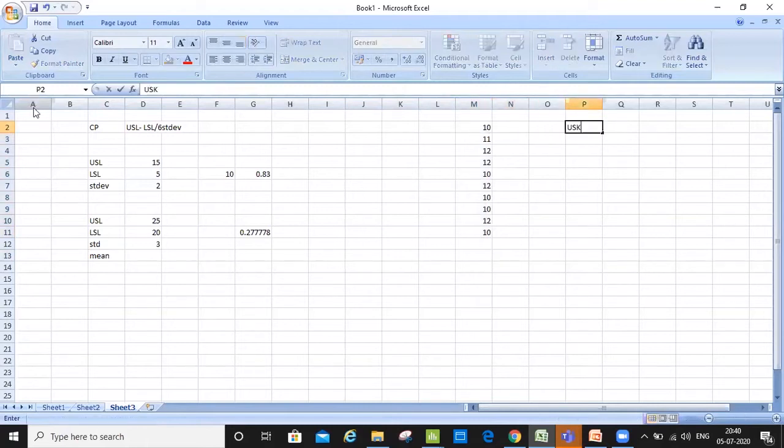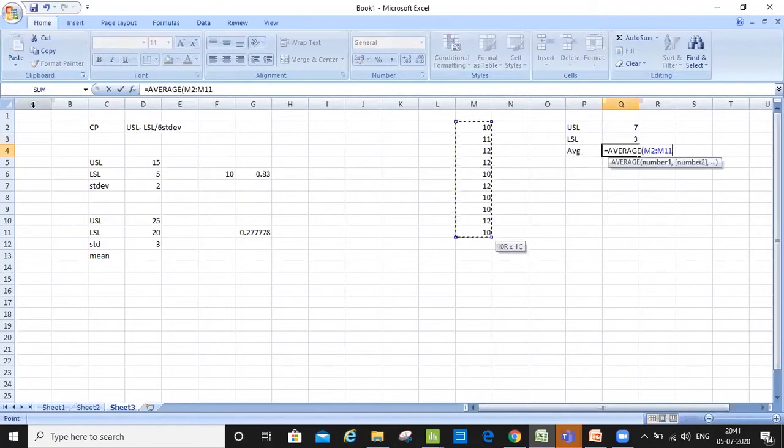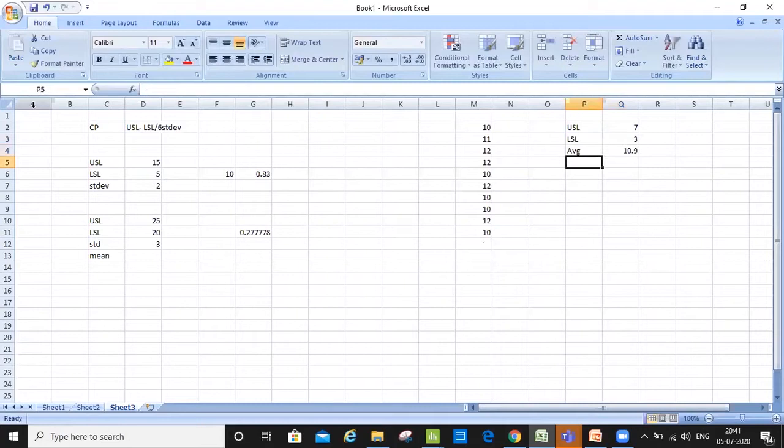I have the USL as 7, LSL as 3. If I want to calculate the mean, I can do that very easily. 11.9 is my average, and standard deviation I can also calculate.